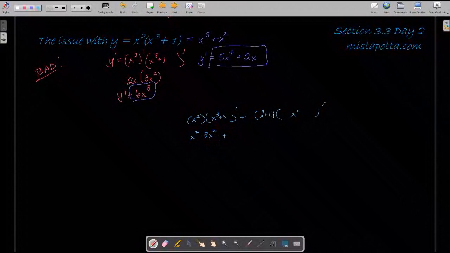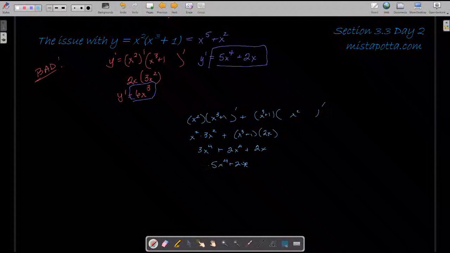plus, this is going to be x cubed plus 1 times 2x. So this is 3x to the fourth plus 2x to the fourth plus 2x, or 5x to the fourth plus 2x.